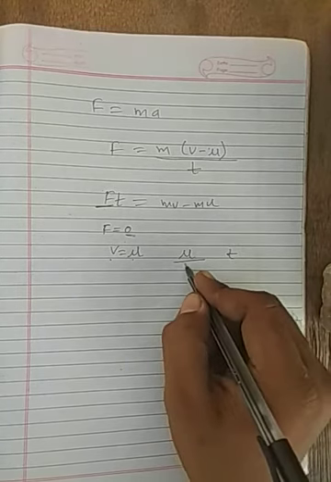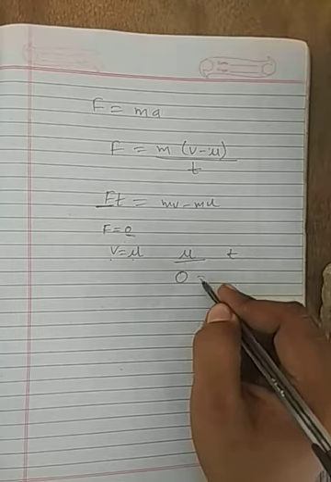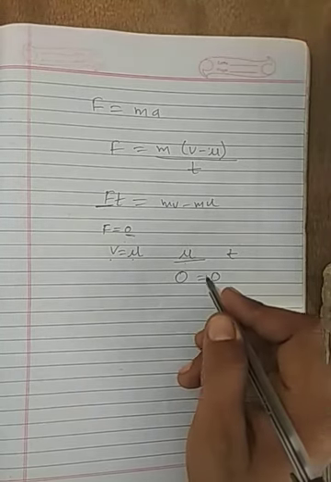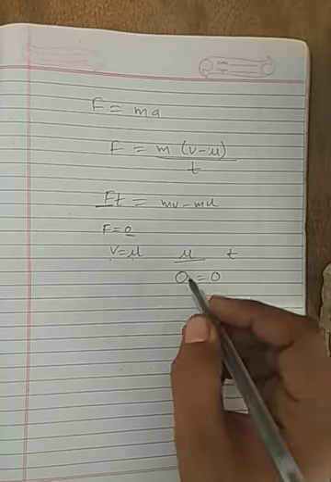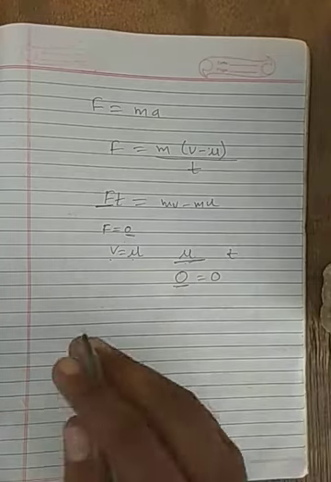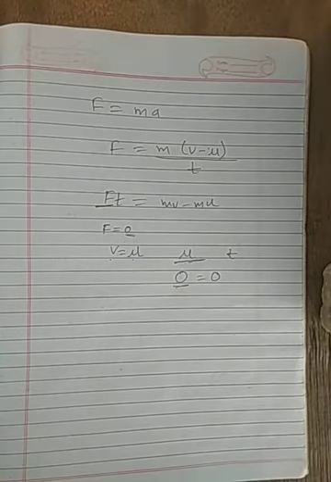Now if the initial velocity is 0, it will remain 0 throughout time, and if the object is moving and the initial velocity is more than 0, it will remain as it is.